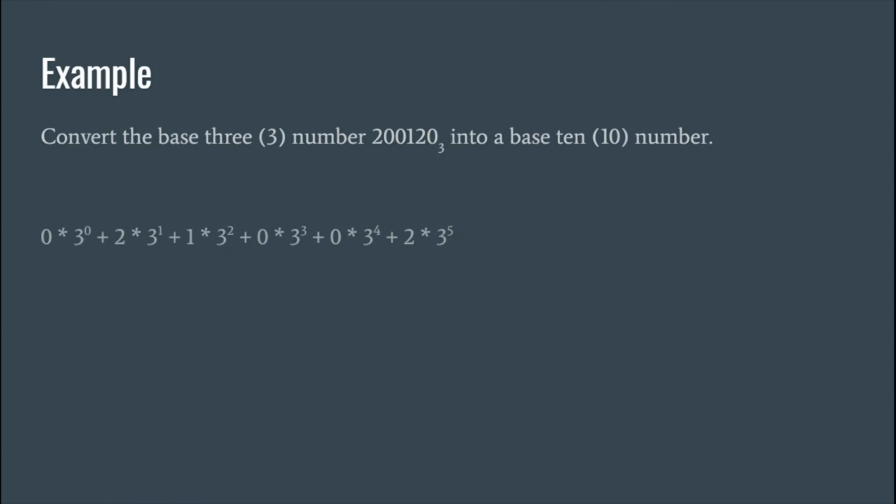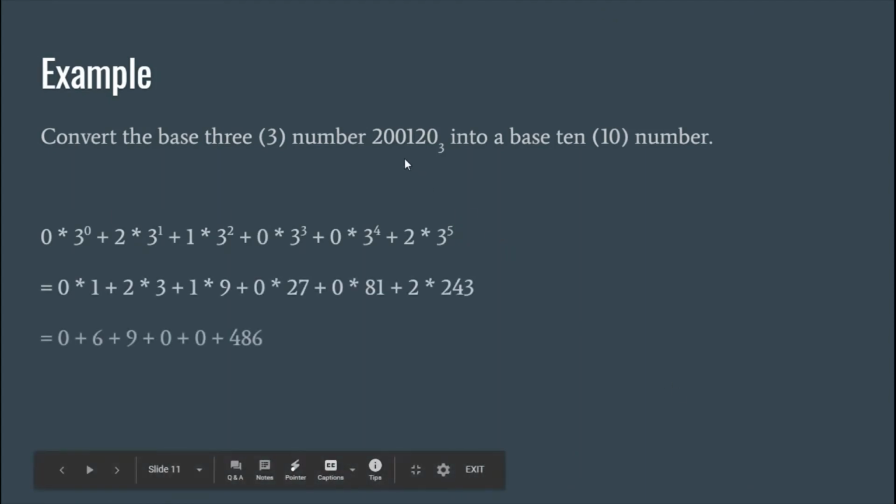Okay, so let's take a look at an example. We're going to take the base 3 number 200120 base 3 and convert it back into a base 10 number. We start with the rightmost number and multiply it by the base raised to the power of 0. So that's this one here. The next number is multiplied by the base to the power of 1 more than the last one.